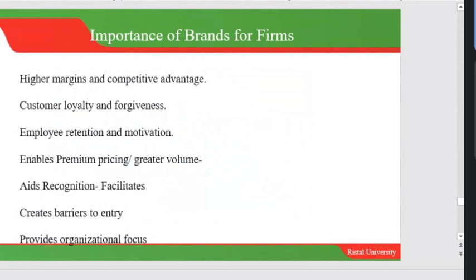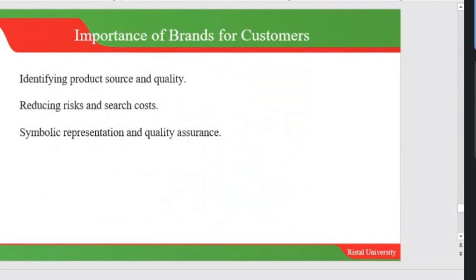And therefore, they have created a barrier for new entries to come in. If you wanted to offer a certain service, you'll be scared that there is already a giant. Similarly, if you have a very good branding of your services in a particular area, you'll create a barrier for people to enter into that same kind of business.